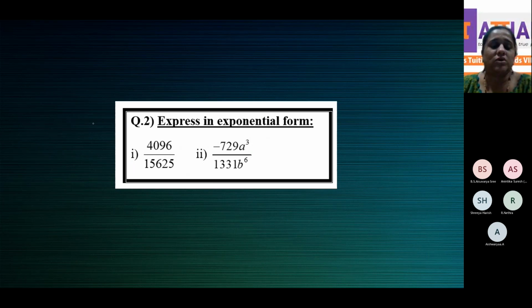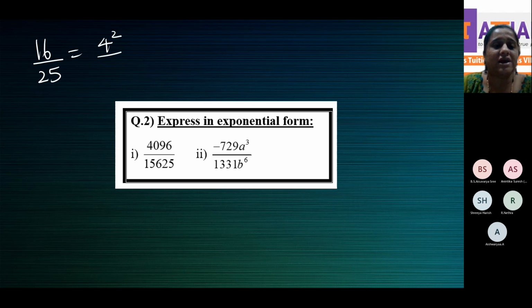Now, what's the answer for the first one? How do you write this fraction in the exponential form? I'll give you an example. Supposing you have to write 16 by 25 in the exponential form. You know 16 is 4 squared and 25 is 5 squared.